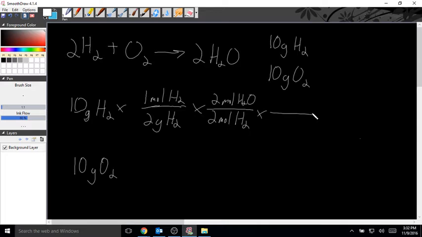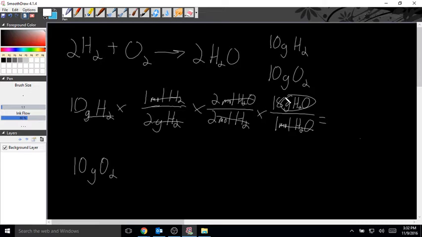All right, and the last conversion I need to do is take this times 1 mole of H2O over the molar mass of water. 2 hydrogens is still 2, 1 oxygen is 16, 16 plus 2 is 18. So it looks like I've got grams of hydrogen, moles of H2, moles of H2O, moles of water. All right, so I'm ending with grams of H2O.